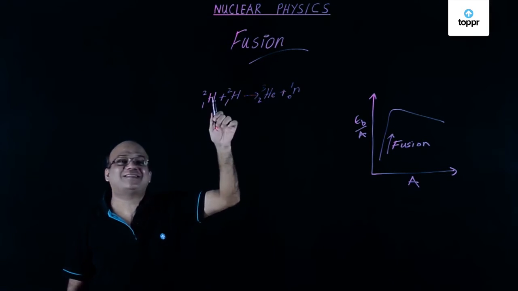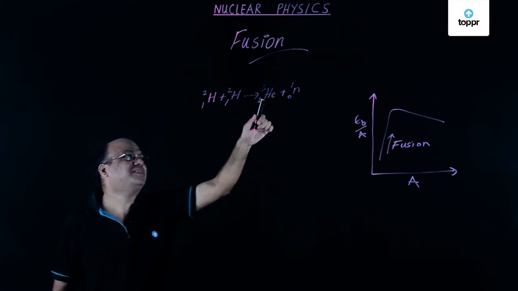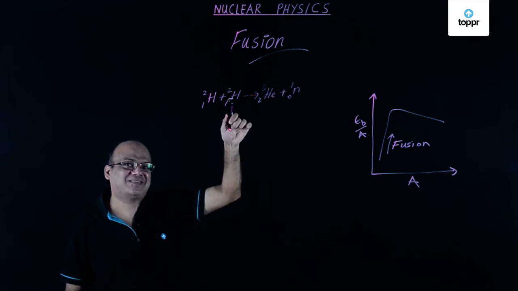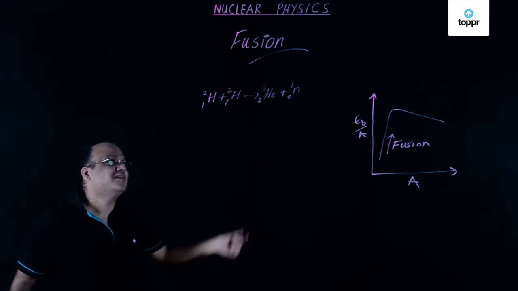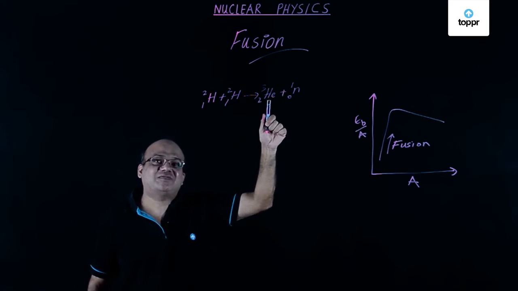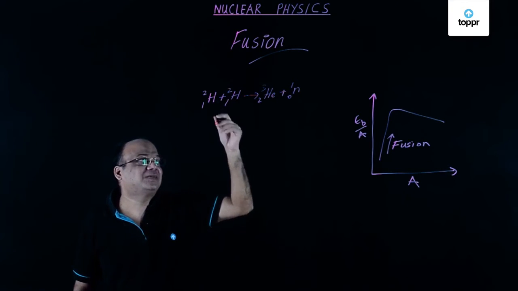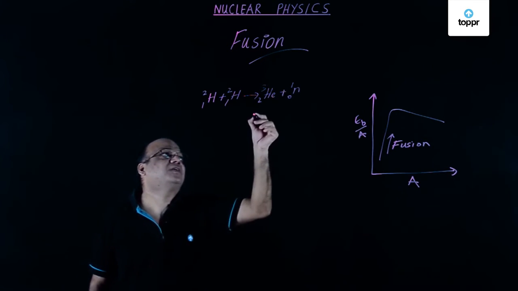Mass of this is less than mass of this. Please understand that carefully. Mass of this plus this is less than mass of this plus this. The difference in mass is converted to energy. Binding energy per nucleon of this is more than binding energy per nucleon of these two. And that's why we get energy in this particular reaction.